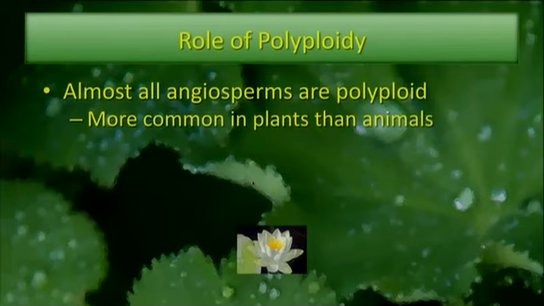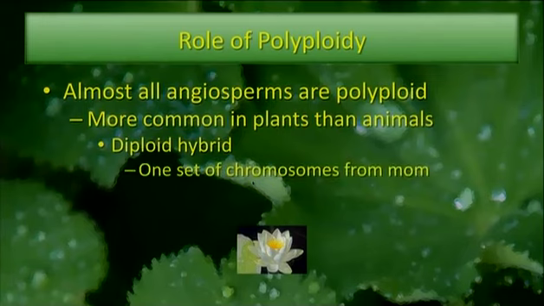So you can have a diploid hybrid. You have one set of chromosomes from mom, one set from dad. So this is a hybrid between two different species, or even two different genera. You might have different chromosome numbers.